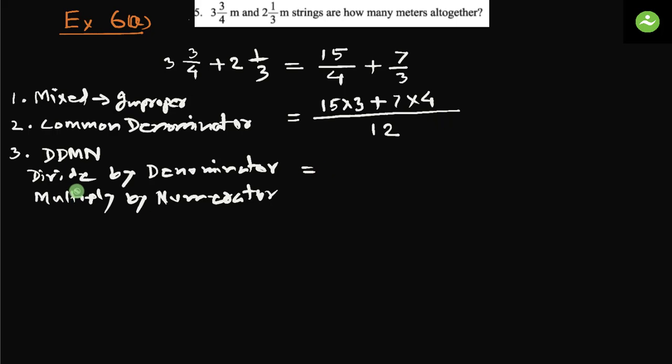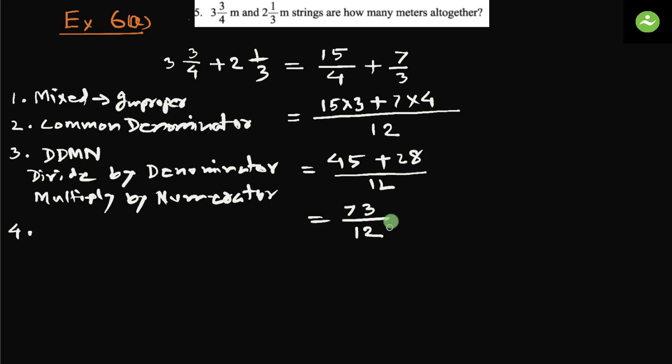So it is done. Next. 3 into 15 means 45. Plus 4 into 7 is 28. Over 12, equals to 45 and 28 is 73. 73 over 12.